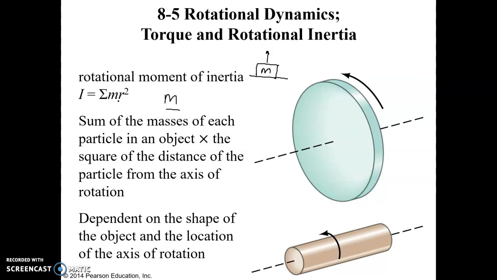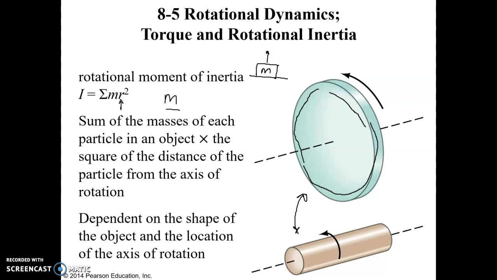Let's assume that these two cylinders have the same mass, but one is a long, skinny cylinder, and the other one is a short, flat cylinder. Well, this one is going to be harder to spin because more of its mass is located farther away from the center of rotation. It's flattened out more, has a bigger radius.